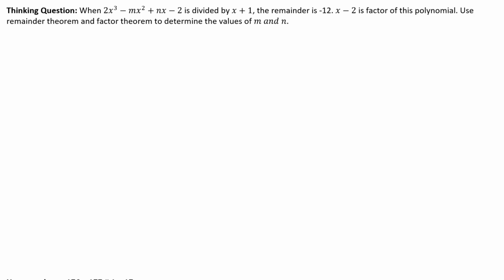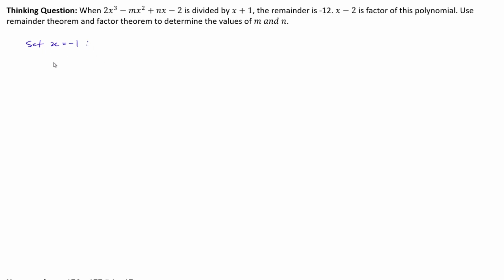So the first thing that I'm going to do is when I divide this polynomial by x plus 1, right, I get a remainder of negative 12. So that means I'm going to set x equal to negative 1, because if I substitute negative 1 into here, that will return my remainder.